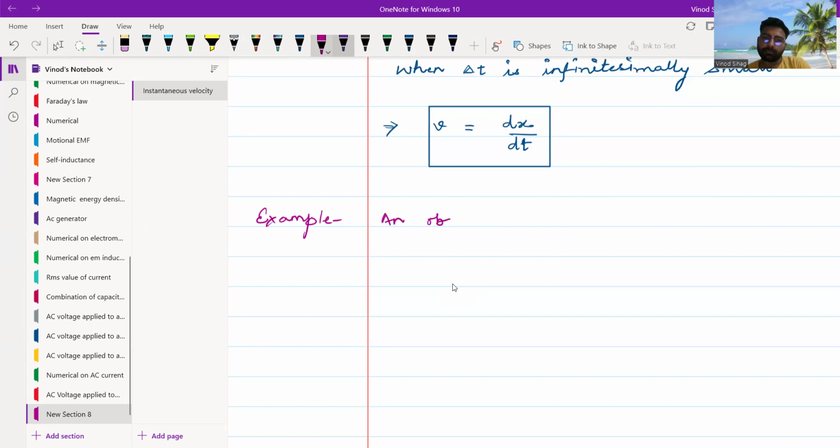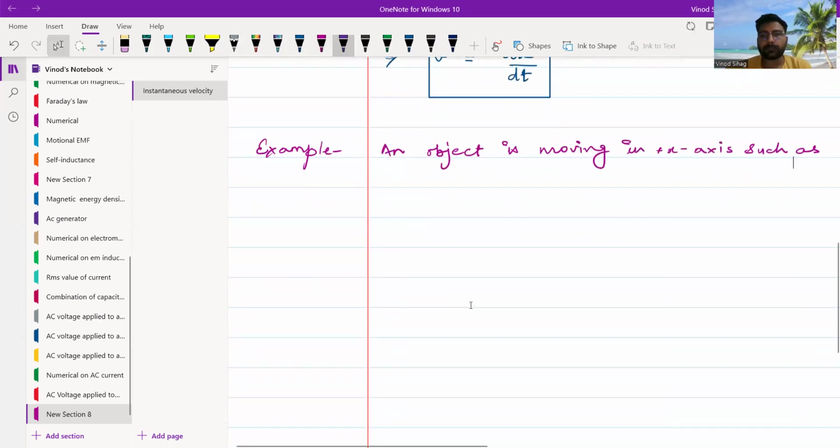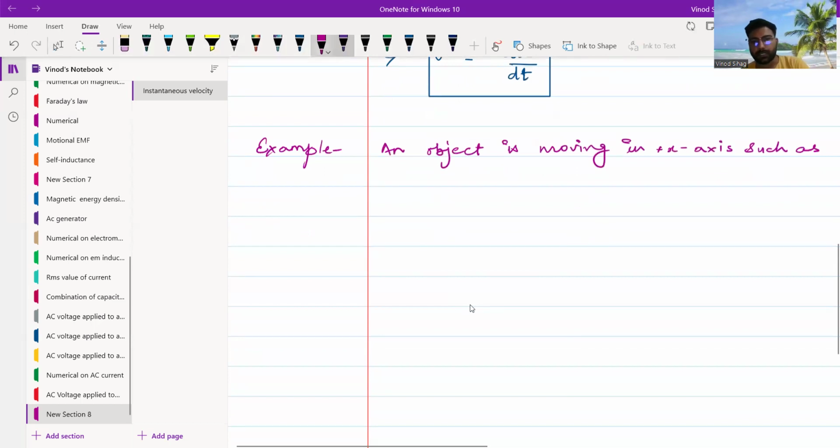An object is moving in positive x-axis, such that its position is given as x equals 5t square plus 10.